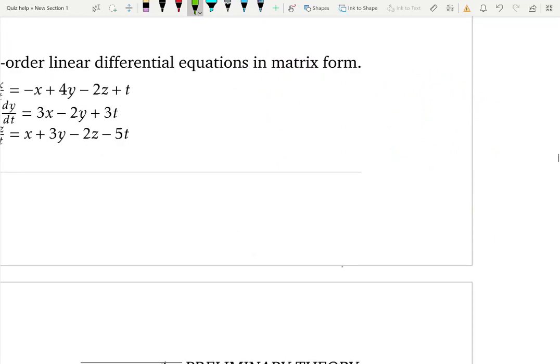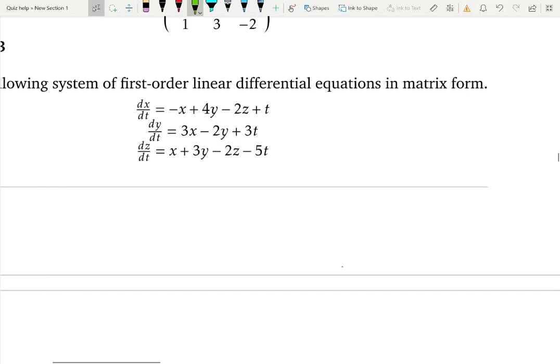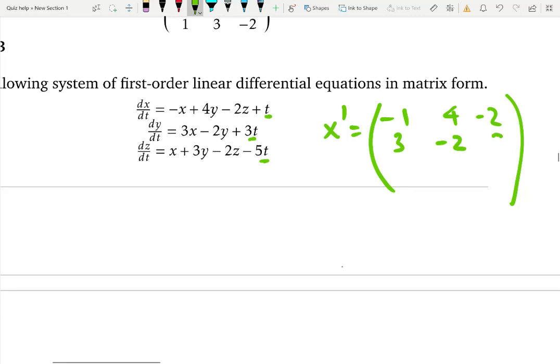All right, how about this one? Now we have non-homogeneity, because these t terms are not dependent variables, so they are the non-homogeneous part. Let's write this. X prime is equal to, extract the coefficients: -1, 4, -2. Let's write them first, forget about the t's. 3, -2, and oops, not 3. Don't make that mistake. This 3 belongs to t, not to z. So 0 here.